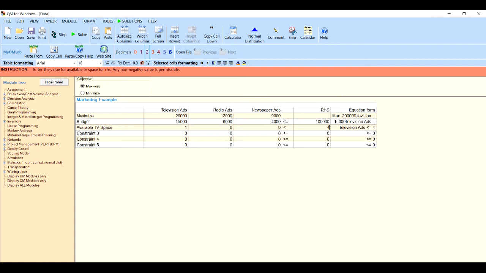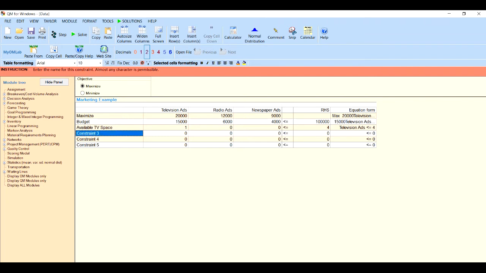Any more than 4, and this doesn't work. That's what we've told the computer. The computer can try as many combinations of television, radio, and newspaper that it wants. But if the number of television exceeds 4, that's not a viable solution.